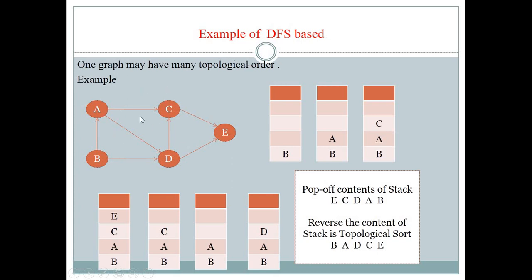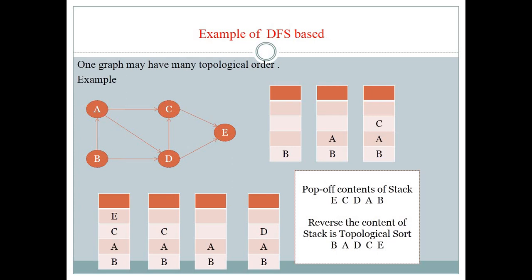Here we have a graph. Let's check whether it is acyclic or not. We can go from A to C, C to E, from A to D, A to C, but not from C to A. From B to A, B to D, and there is no in degree to B. So that is an acyclic and directed graph, and we can apply our DFS based sorting algorithm on this graph.